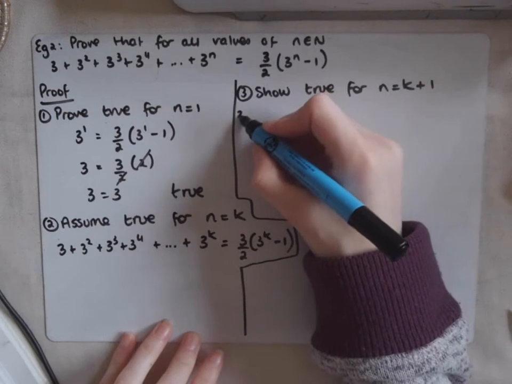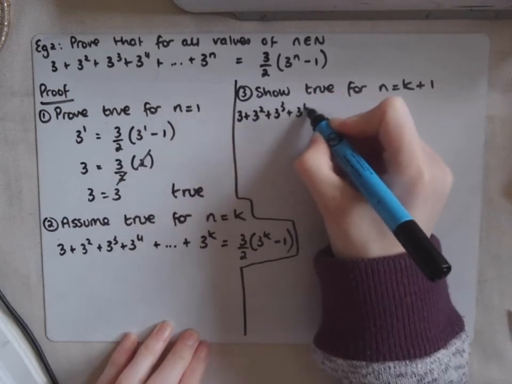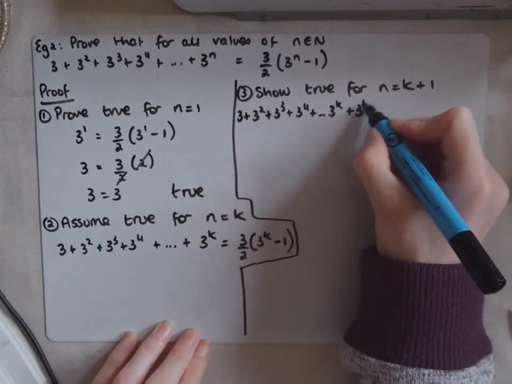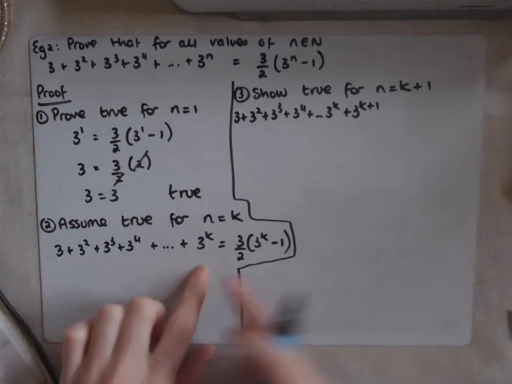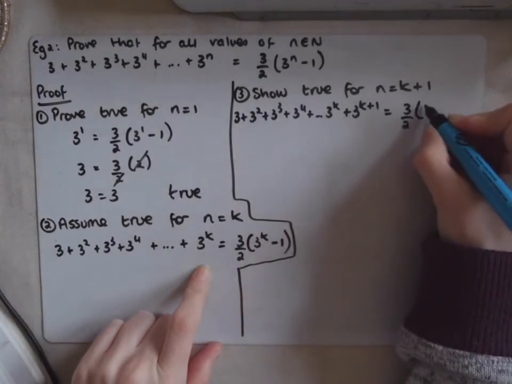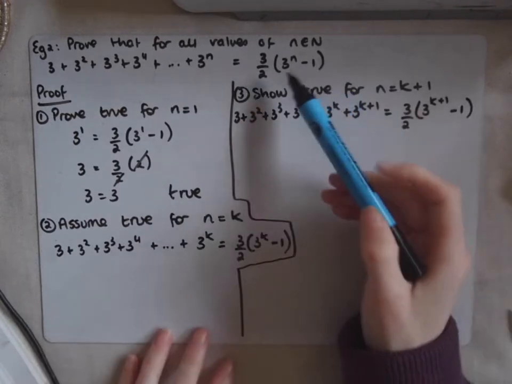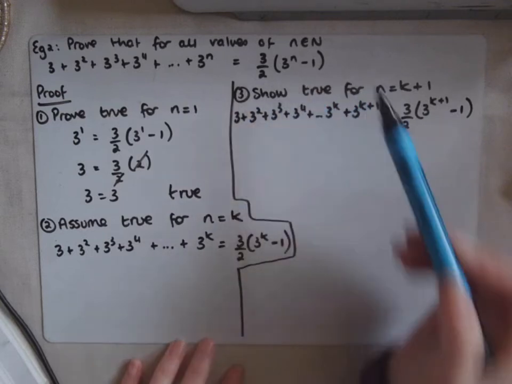So 3 plus, okay, I'm going 1 after this. And up here, instead of n, I'm putting k plus 1.